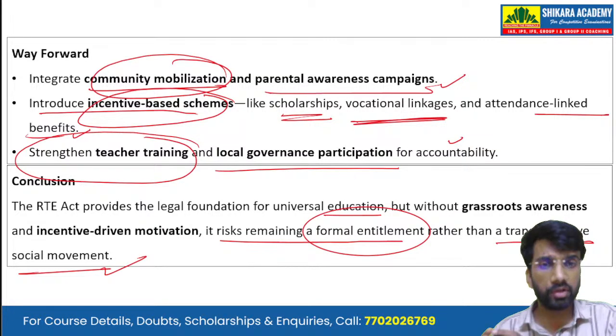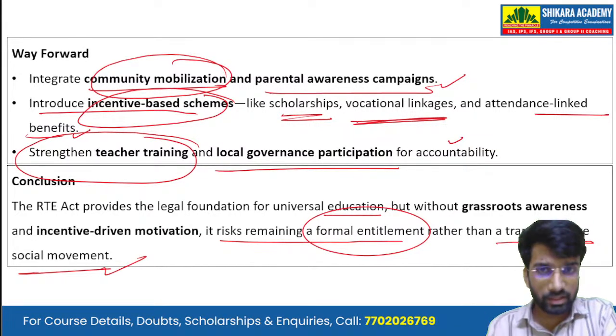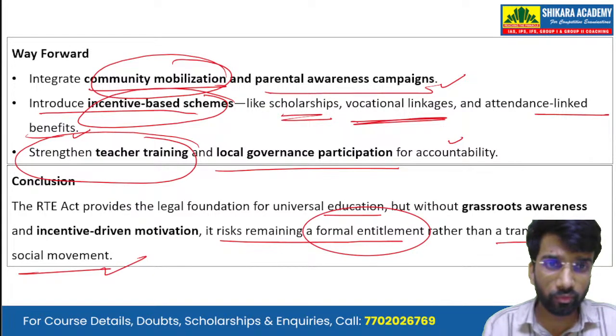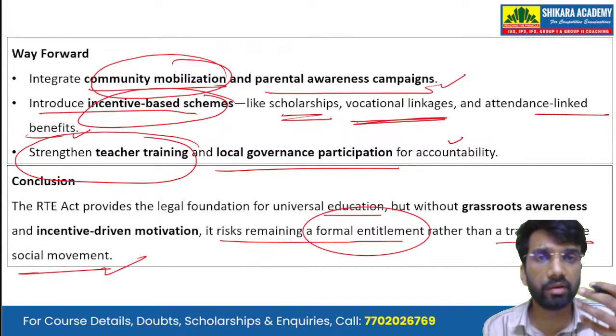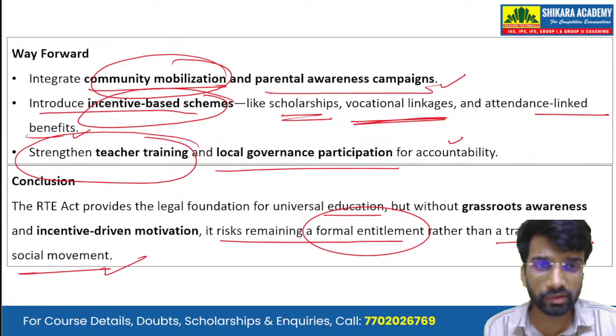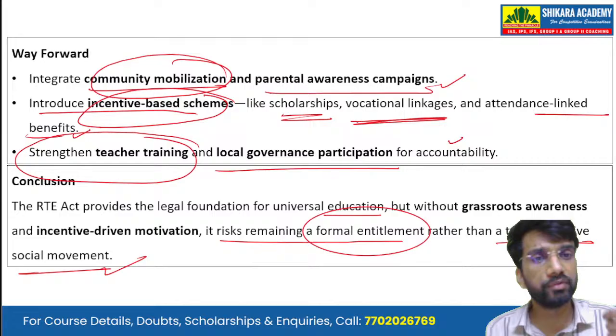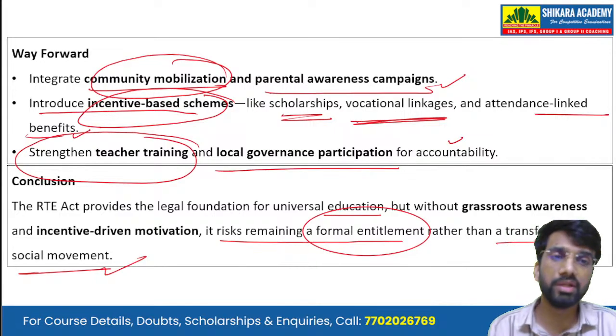So in order to convert this RTE Act into a larger social movement, we need to raise the awareness at the local grassroots level, and we need certain incentives that drive the motivation of the students, of their families, as well as the teachers.